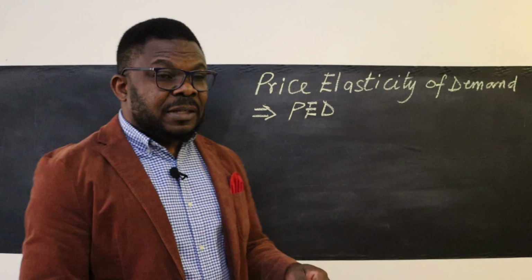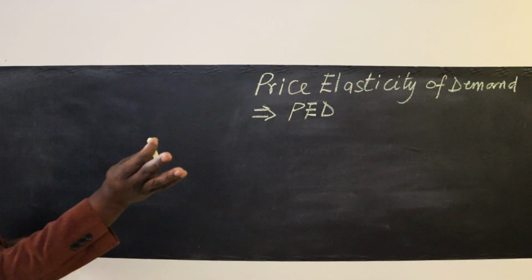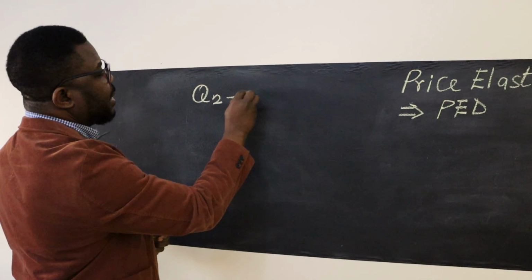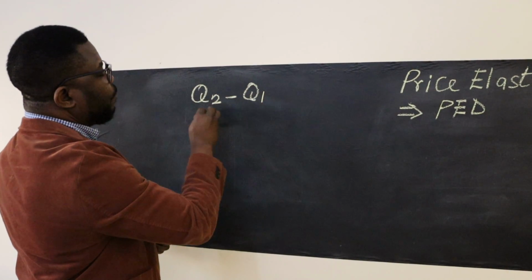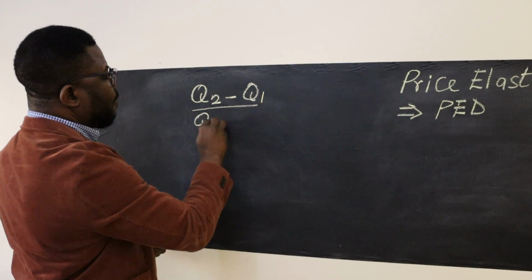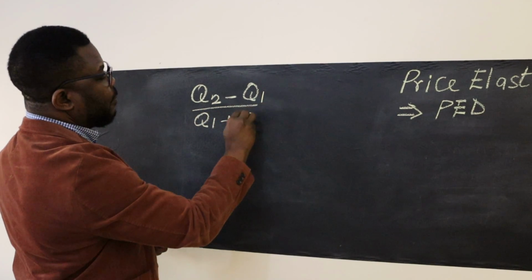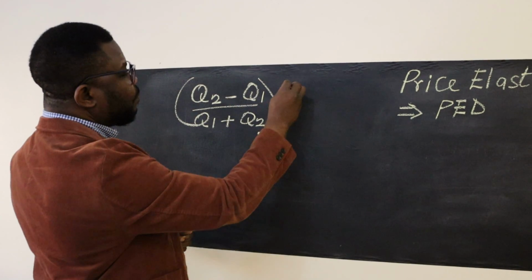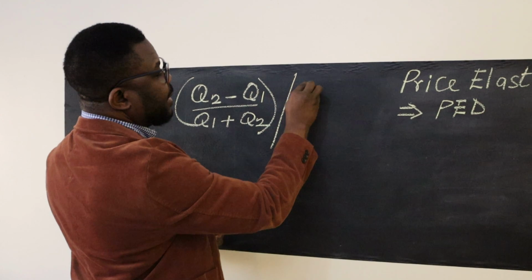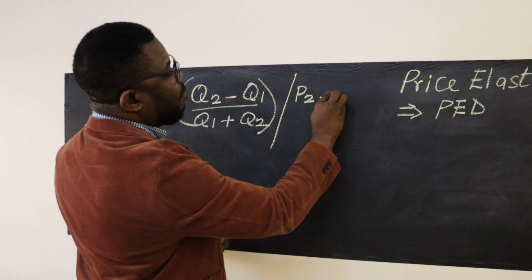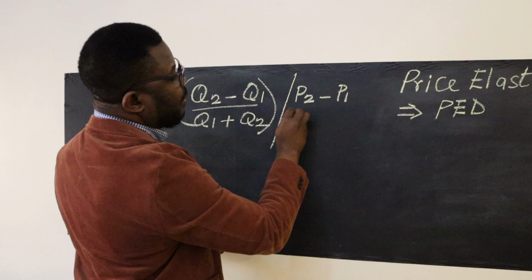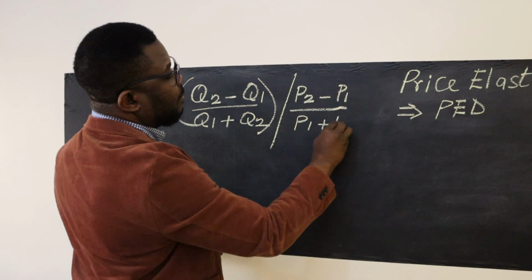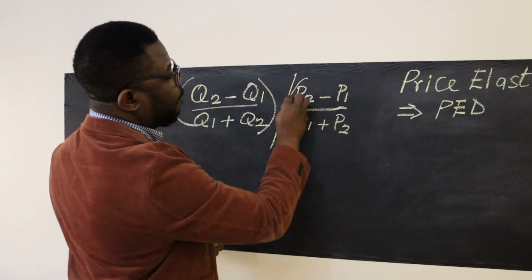The midpoint formula is denoted as Q2 minus Q1 all over Q1 plus Q2. Let's put this into brackets and tidy it up. All of this over price 2 minus price 1 all over price 1 plus price 2.